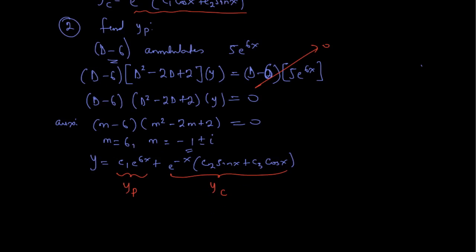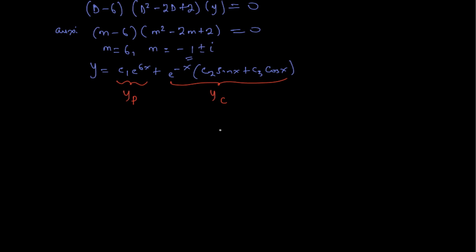So now I've already gotten a form for my yp. We could say let yp equals, instead of writing c1, let me call it a new constant, a e to the power 6x. This is the assumed form for the particular solution.